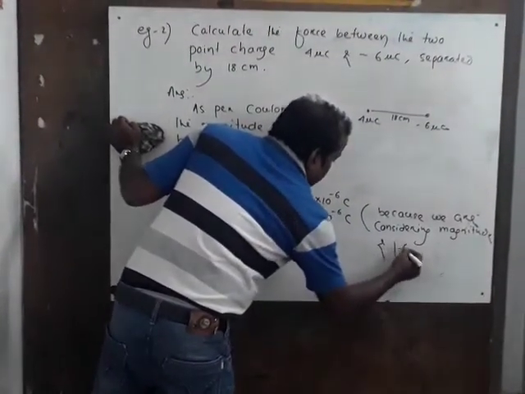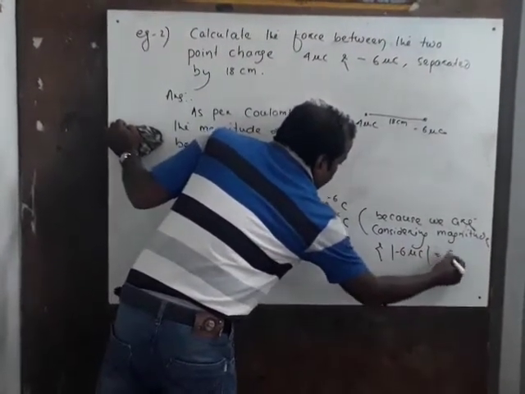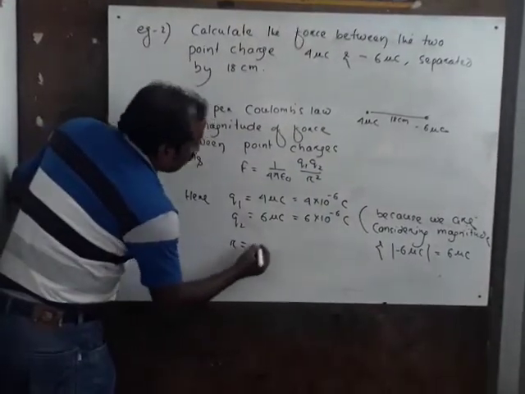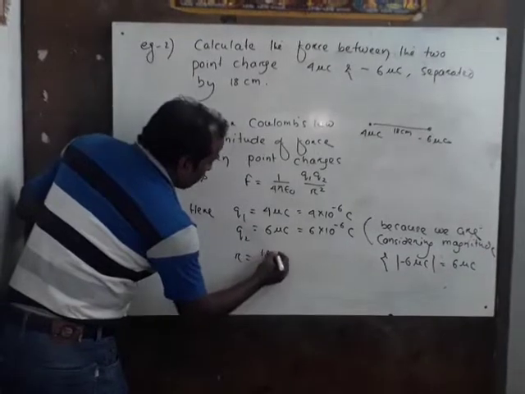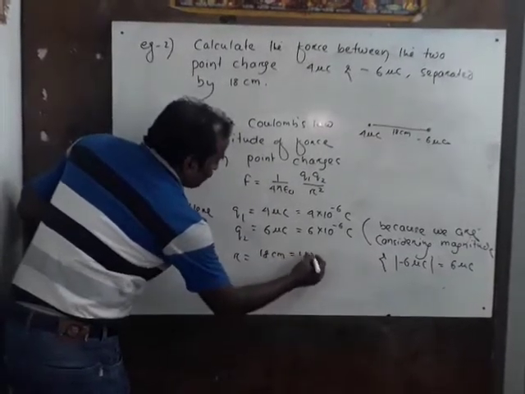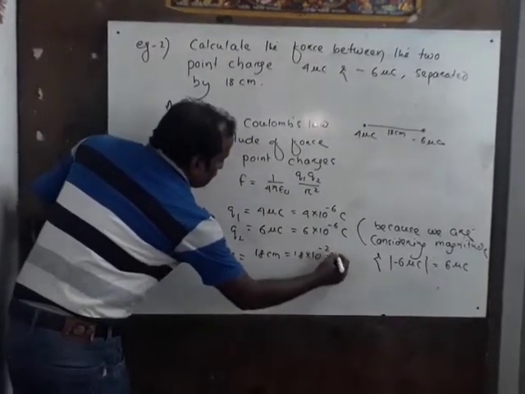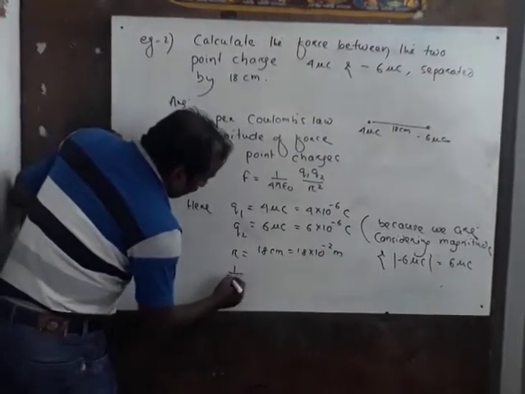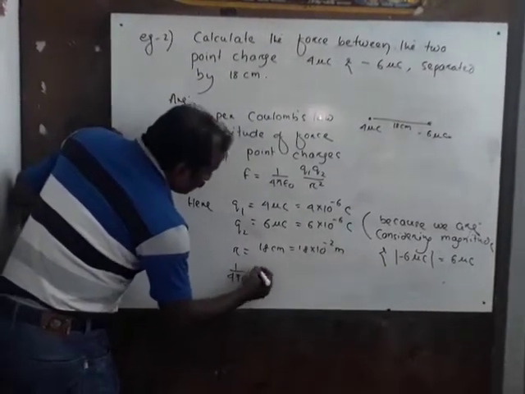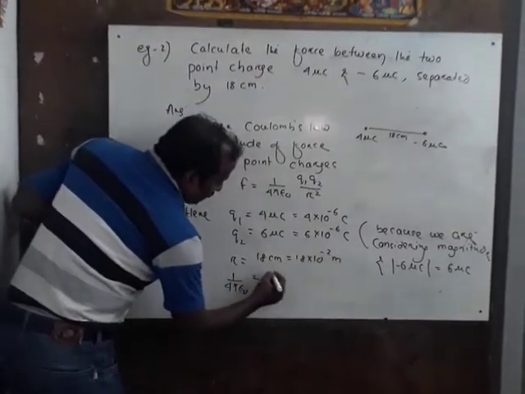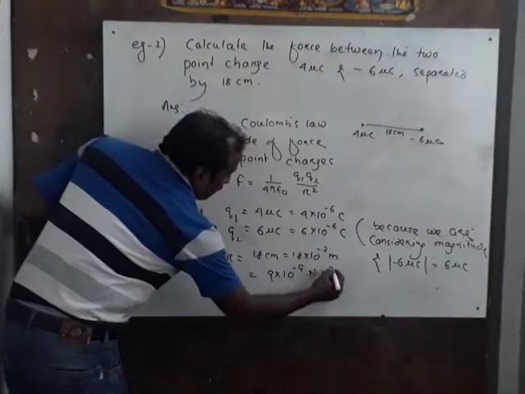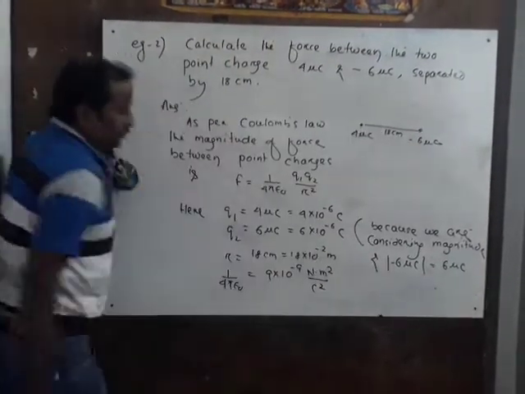And minus of 6 microcoulomb equal to 6 microcoulomb. Okay? So R is equal to obviously 8 cm. That's 8 into 10 to the power minus 2 meter. Okay? So again 1 by 4 pi epsilon 0 equal to 9 into 10 to the power 9 Newton meter square by Coulomb square.